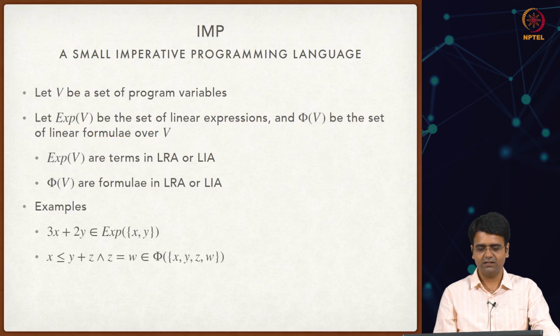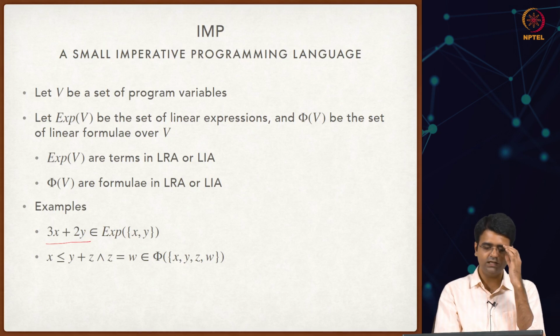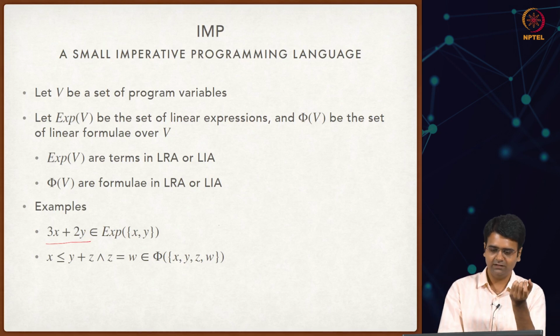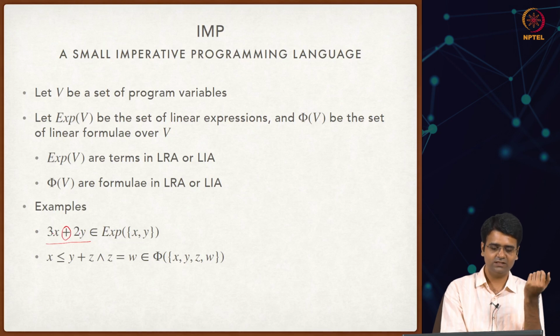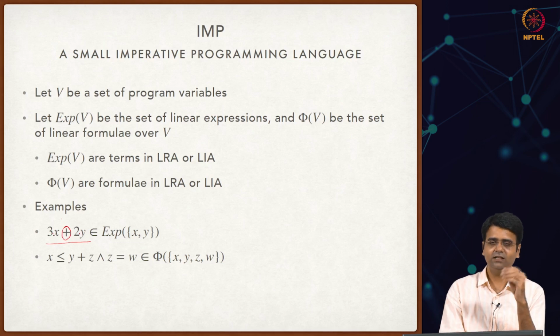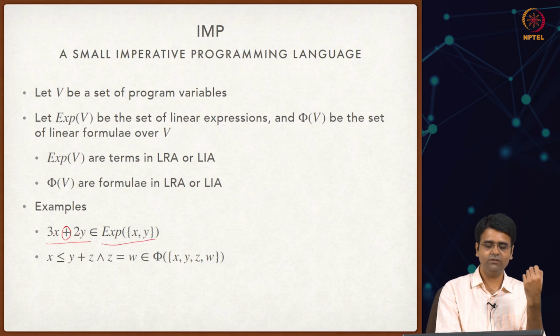So let's look at some examples. So for example, 3x plus 2y. So this is a term in linear integer arithmetic. It's using the function plus, and it's also using the multiplication by constant, which is this 3 dot and 2 dot. So this is a term in the theory of integers, and therefore this belongs to this particular set, which is exp of x comma y.